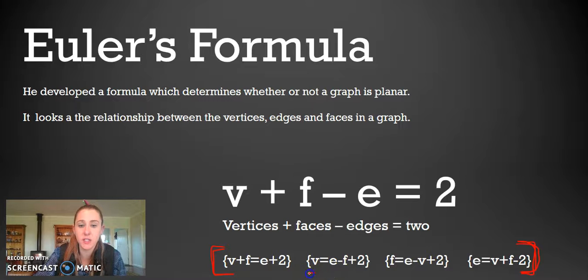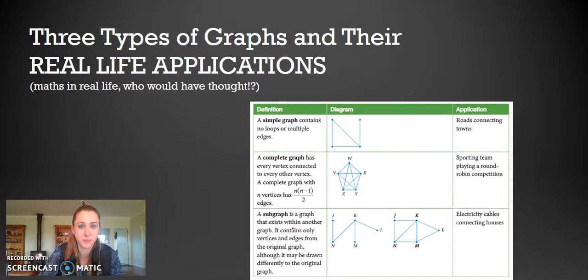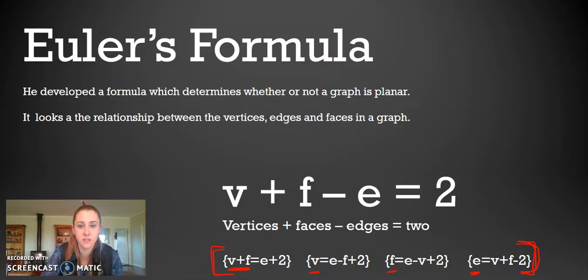So if you're looking for the number of vertices, faces, or edges, or if you've been given the vertices and faces and want to work out E plus 2, this is the formula that we're going to be working with. Let's work through some questions and have a look at actually applying this formula.